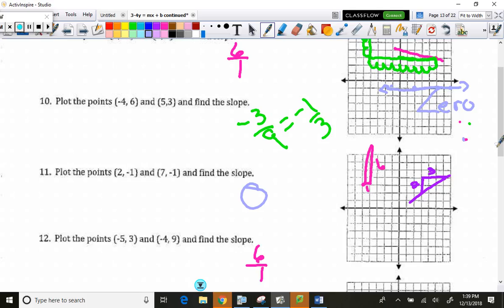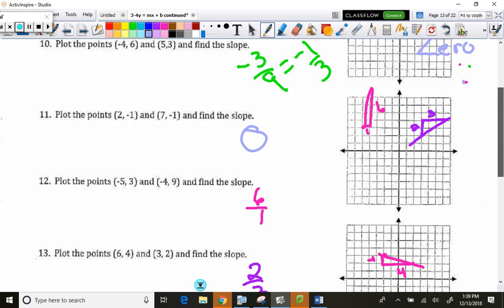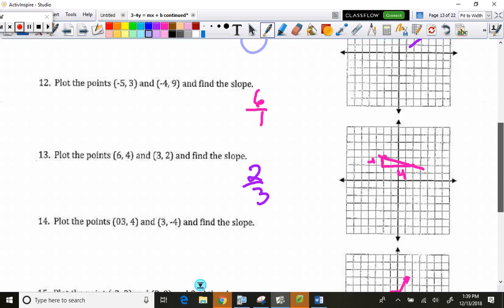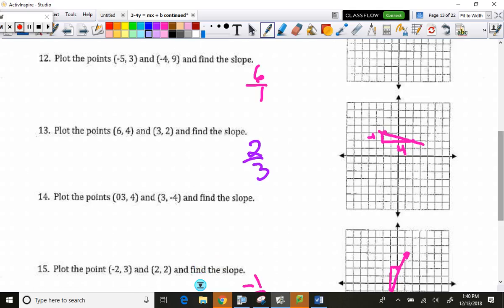Number 12, the answer is 6/1. 13, the answer is 2/3. 14, I'm going to plot that. So that's the point 3, 4. So over 3, up 4. And then over 3, down 4. And this is one of our vertical lines.